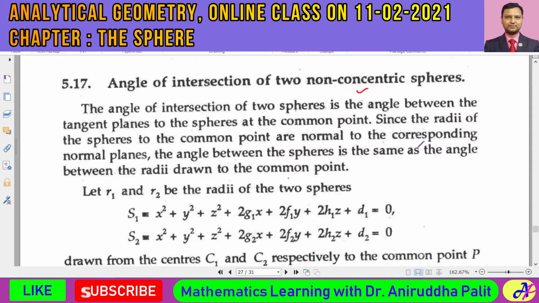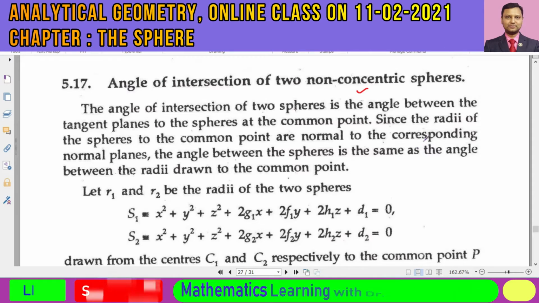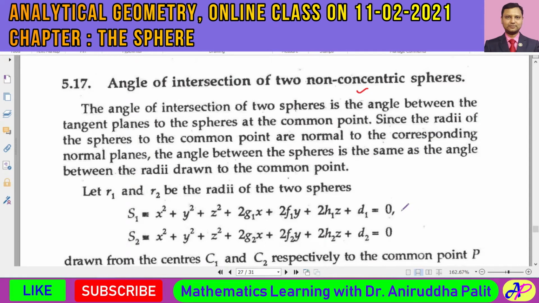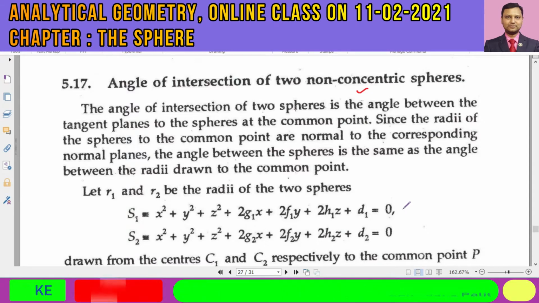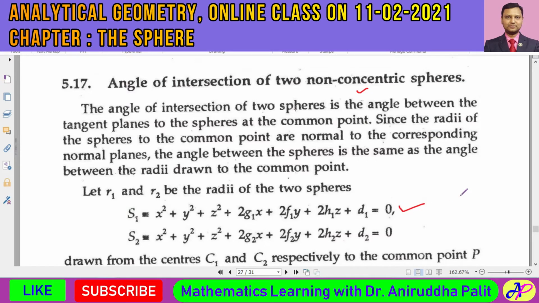So over here we are considering two spheres. Let us suppose that S1 is one sphere and S2 is another sphere having these kinds of equations.